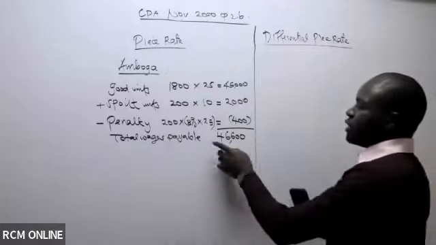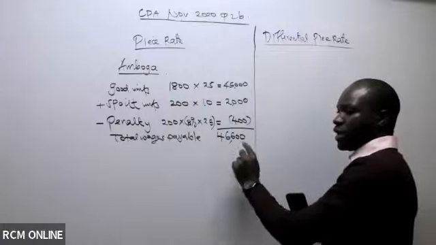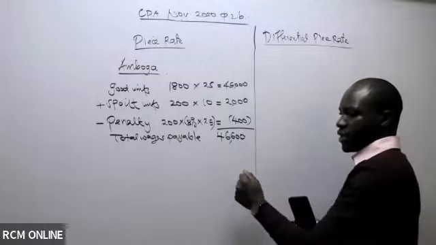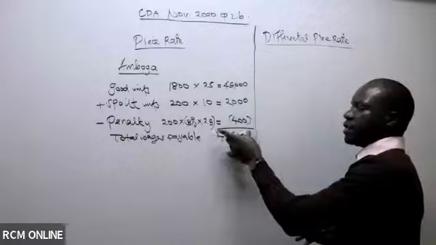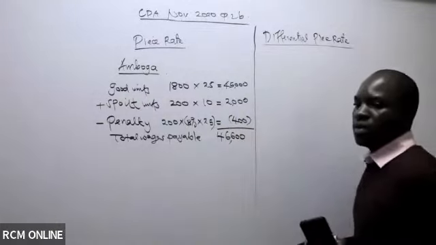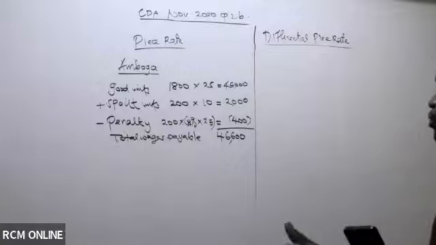If the total wages payable to Amboga was less than 8,000, he would be paid 8,000. Not 4,000. And because this one here is above 8,000, we just pay the actual amount. Is it clear, Francis? So that's what you are required to do.